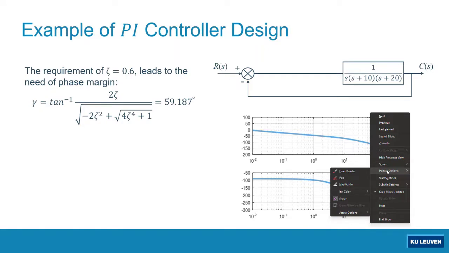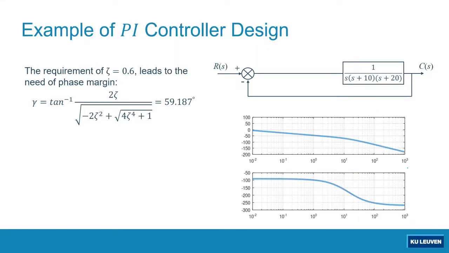There are two parameters that we have to calculate to design a PI controller, as I mentioned before, Kc and Zc. So how do we define these two parameters?